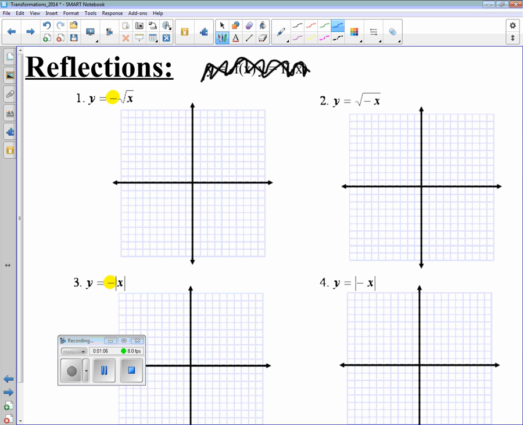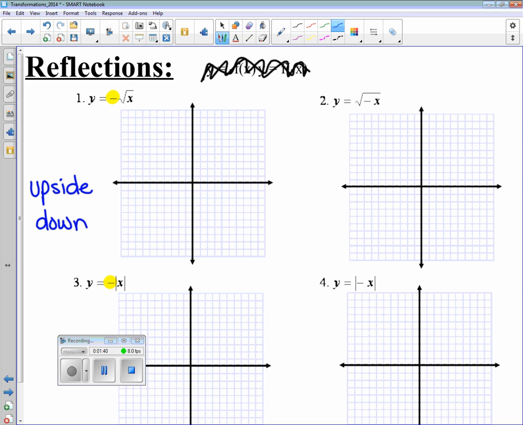So if you had a negative outside of the x, negative x squared, it's going to be an upside down parabola. If we had a high v, like in number 3, where the negative is on the outside, what does that mean? Upside down v. That's all that means. High v, low v.